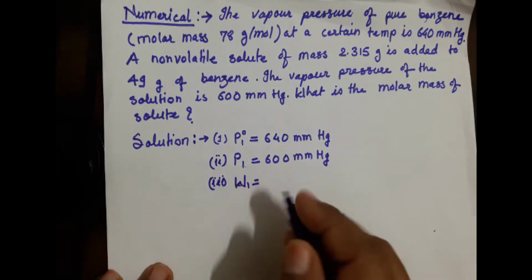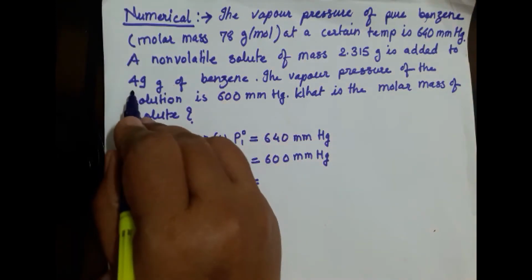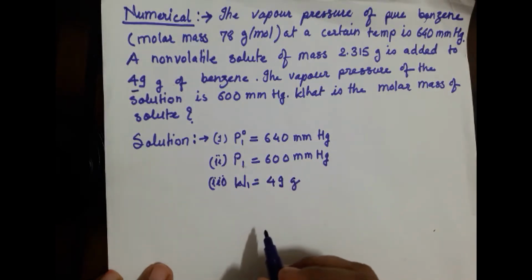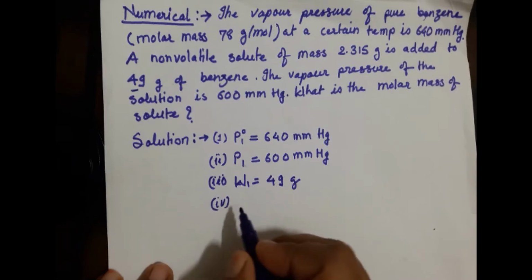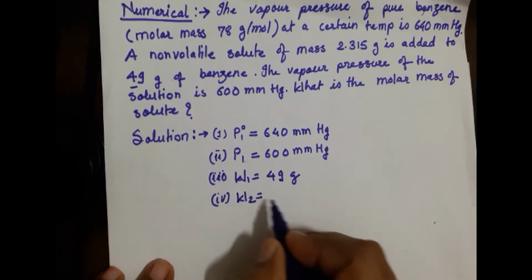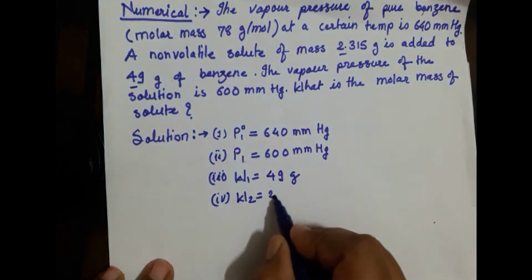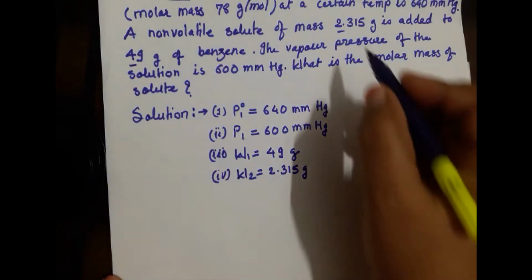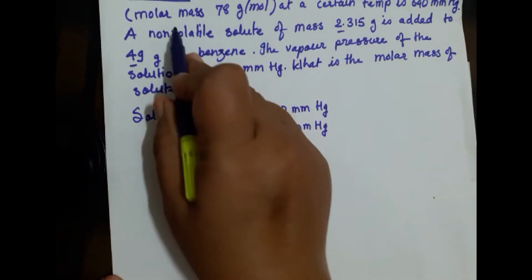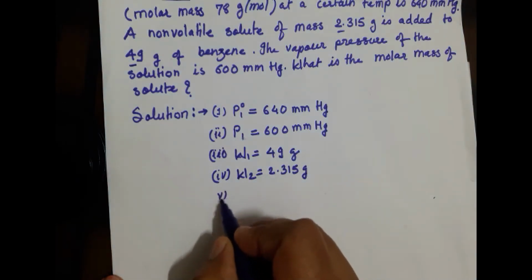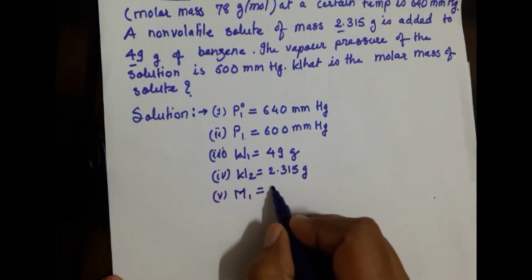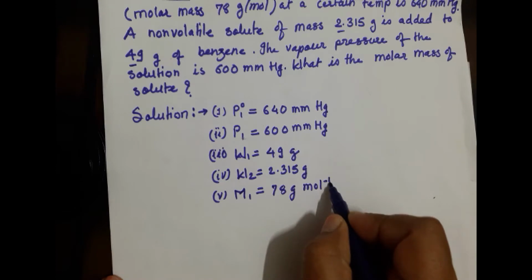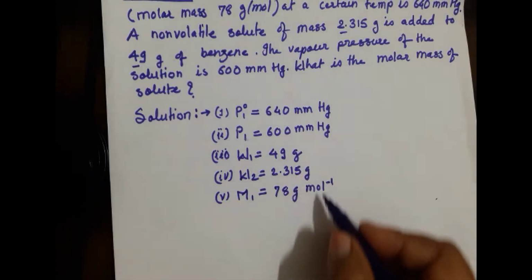So benzene is the solvent, so that will be equal to 49 gram. Whereas W2 is 2.315 gram. Okay, and here the molar mass of benzene is given, that is M1. So M1 is 78 gram per mole. Right? So these things are given.